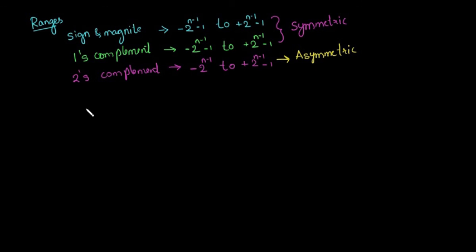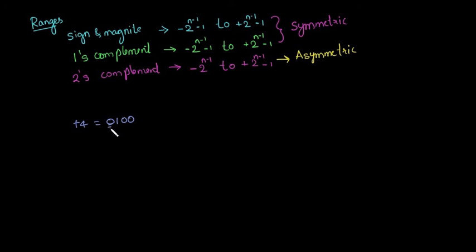Oh yeah, I forgot to mention one point: consider any number in signed representation. We take, for example, positive 4 as 0, 1, 0, 0. Now if we extend this sign bit, this is the sign bit, right?